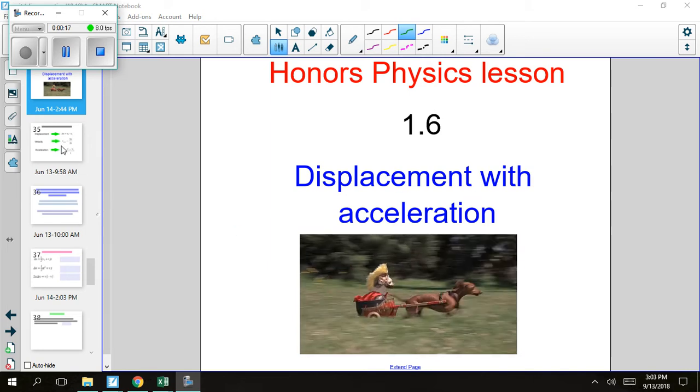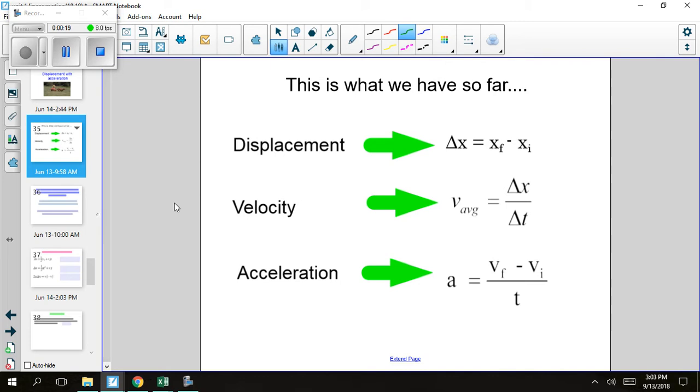All right. So far we've gone through our constant velocity equations. These two are for when we have velocity that is constant, or if we're looking for average. And they work great. But what we introduced in the last two sections is this thing called acceleration.